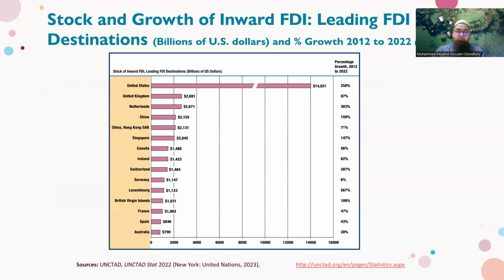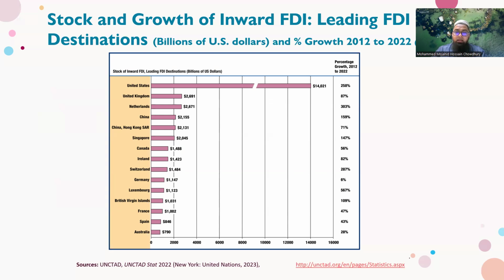So if we see foreign direct investment and the leading destinations, we see the USA is leading in what we call inward foreign direct investment, that means they are receiving the foreign direct investment.